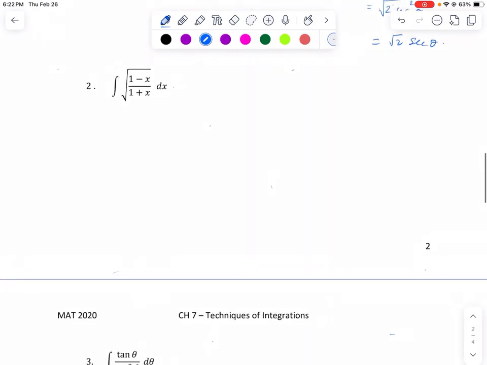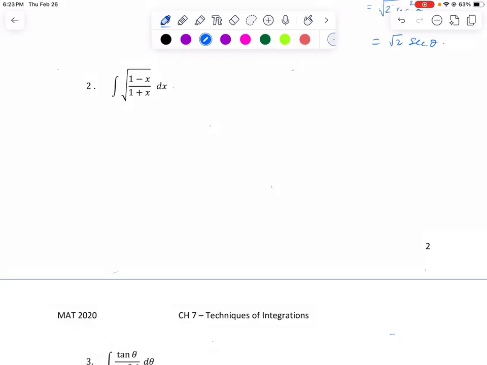Okay, so this is simple, square root of 1 minus x over 1 plus x, but the square root makes it difficult for us to think about any strategy that we have used before.